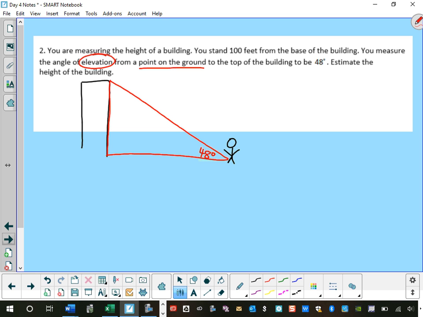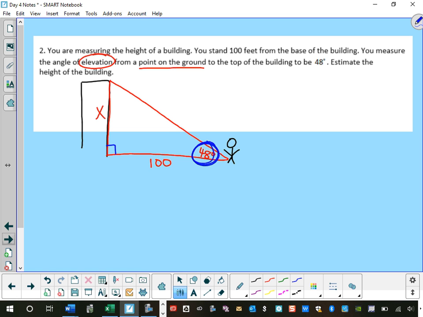You're standing 100 feet away from the building, and you're trying to find the height of the building. Which angle do I want to use here for my trig function? I know this is a right angle, but we never use a right angle, so the 48. All right, X and 100: opposite, adjacent, hypotenuse.